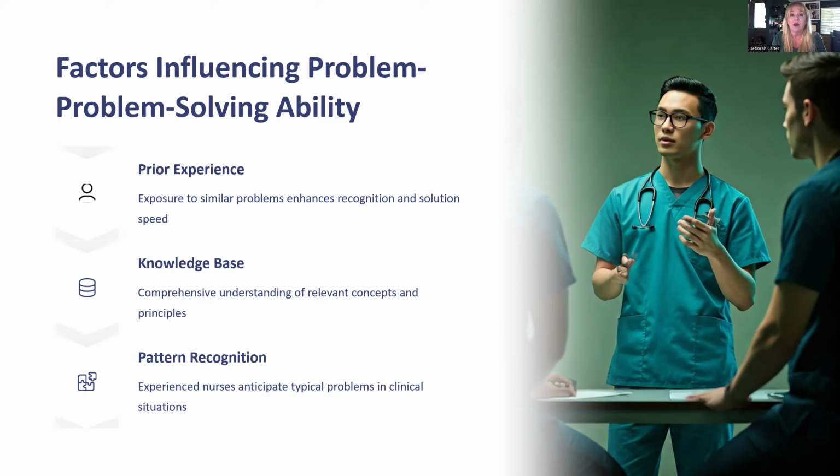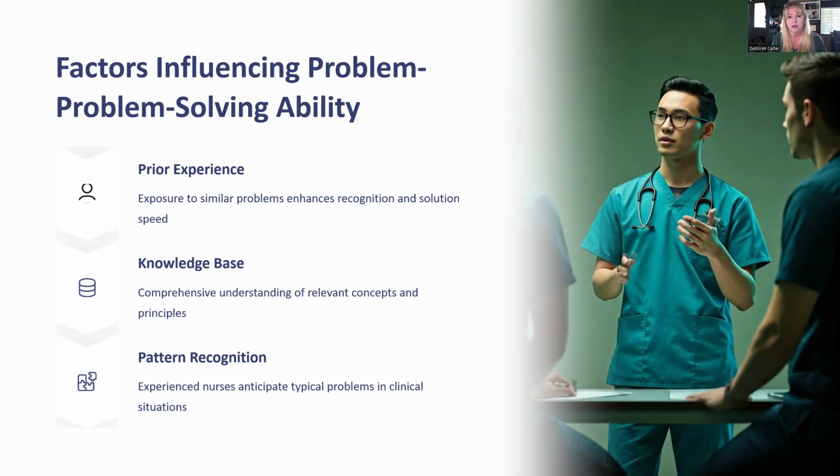That's why experienced nurses can often problem solve better, because they have the experience behind them. So it's really important in our education with students to provide these experiences, either in clinical and simulation, or even just discussing them in class. Not quite as good, but still trying to give them a little experience.